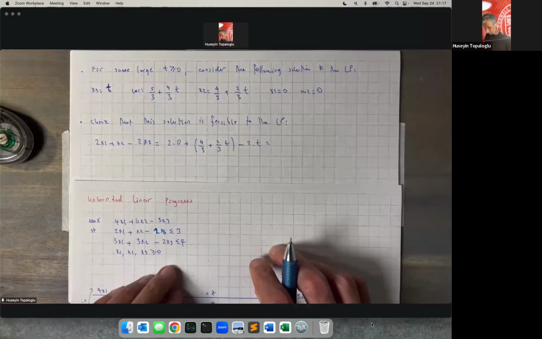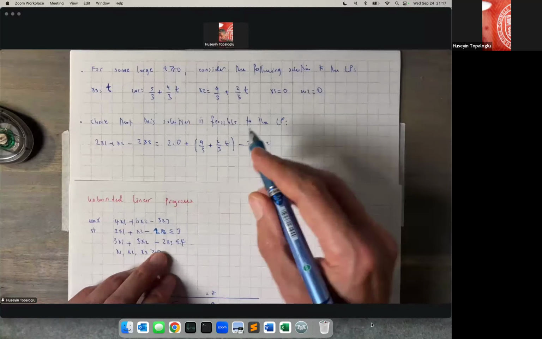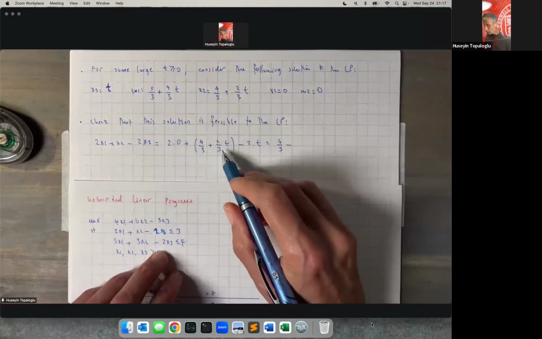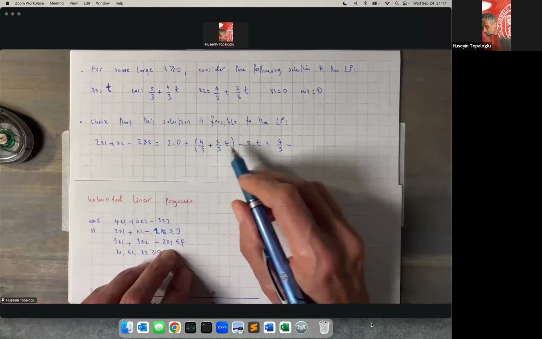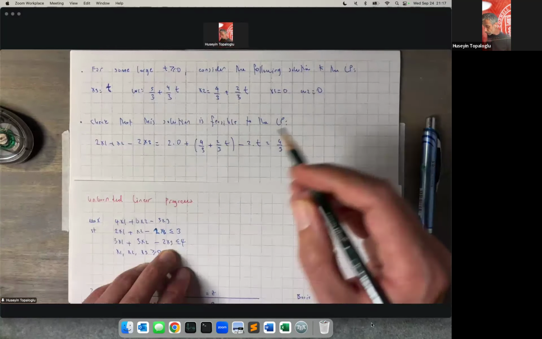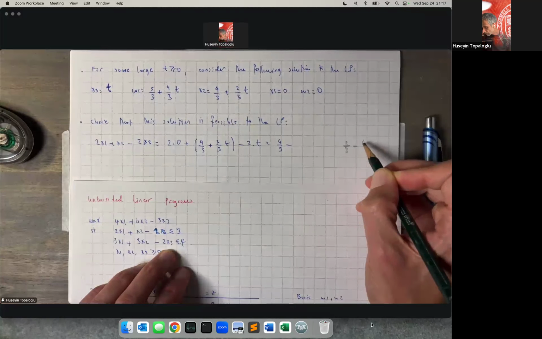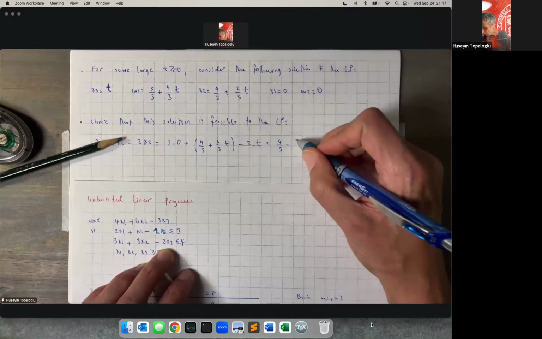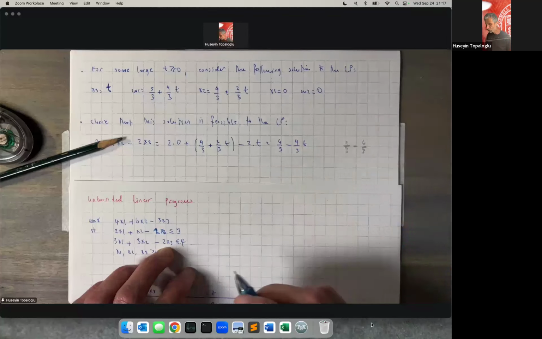Let's do the arithmetic. That is 4 over 3, that's a 0. 4 over 3 plus 2 over 3 t minus 2t. 2 over 3 minus 2 is equal to minus 4 over 3. That's going to give us 4 over 3 minus 4 over 3 t.